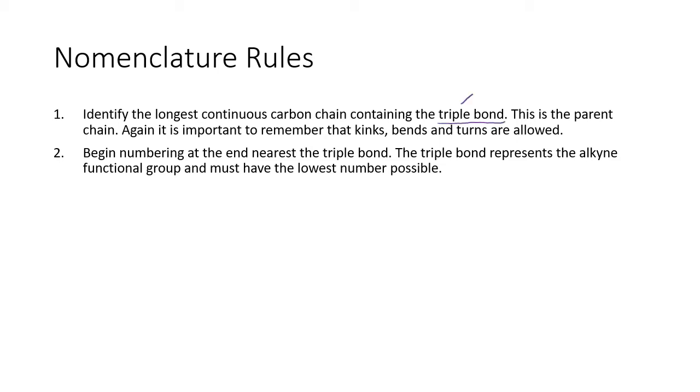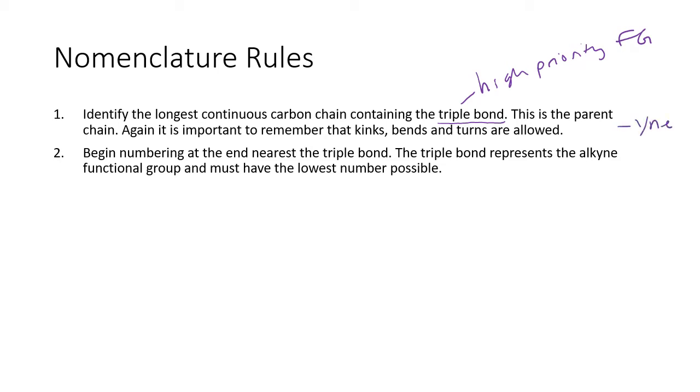This is going to be our newest high priority functional group. And we're not really mixing too many functional groups just yet. Like we haven't learned alcohols or carboxylic acids or anything else. So as of now, the triple bond takes priority in our mind. This is going to be our parent chain. And so we're going to use that suffix that we talked about, "-yne," for our parent chain.